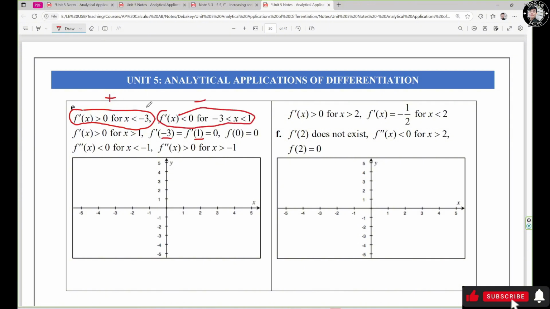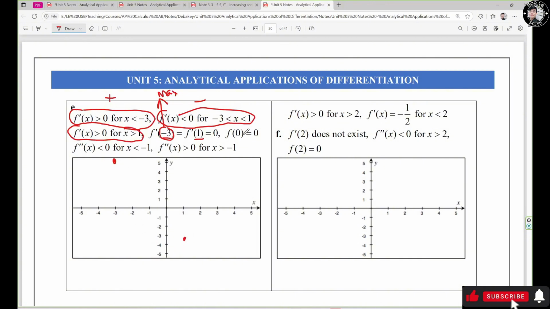So this guy becomes the maximum, right? So negative 3 should be somewhere right here, right? And 1 right here becomes the minimum, right? Because f prime of s greater than 0 for s greater than 1, right? So the minimum should be somewhere right here.